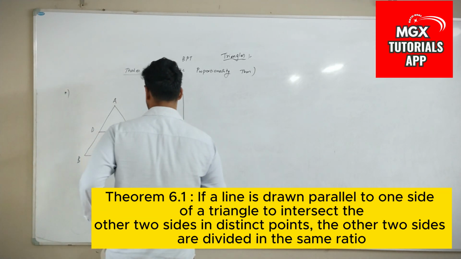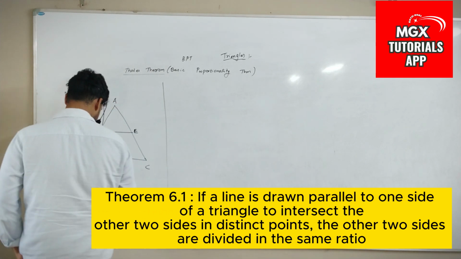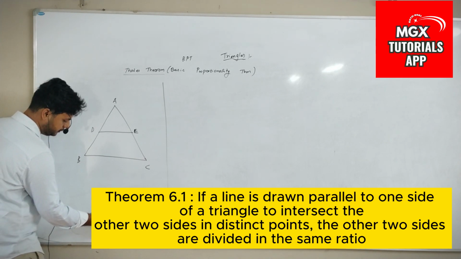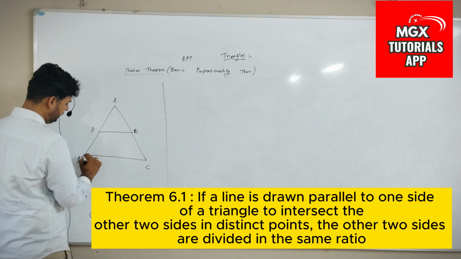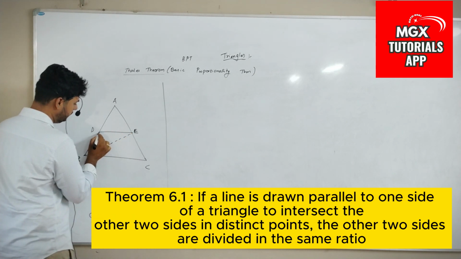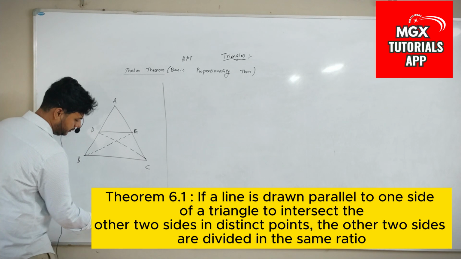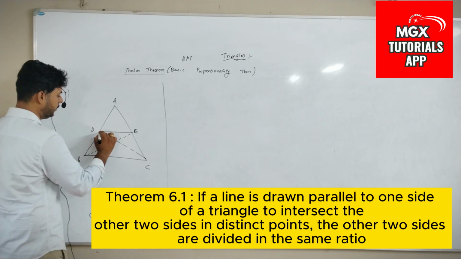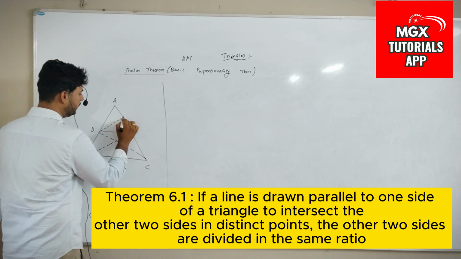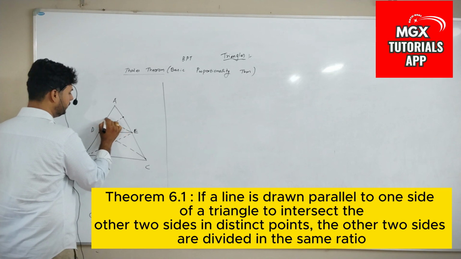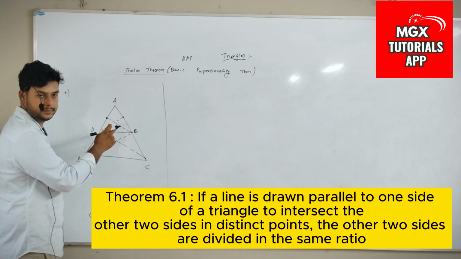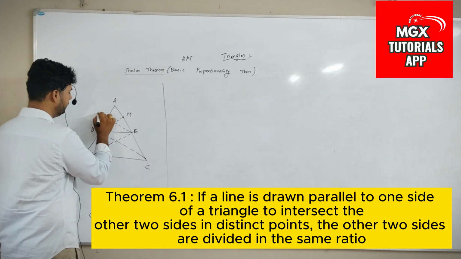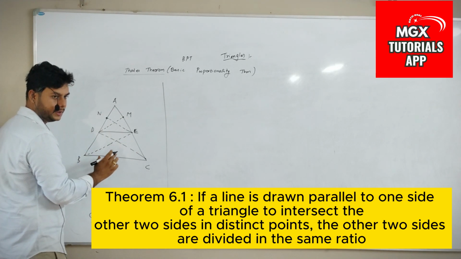So first, I will do one construction. Here only I will write the construction. Join BE and DC. And one more I will take: M here, N here, according to the textbook.